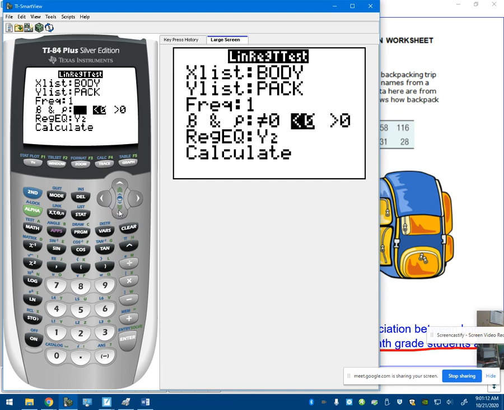I don't care what this next line says. But this RegEQ, we're going to put this in, and then you won't have to change it for a while. So hit clear. So the only thing you have to remember right now is stat, over to test, up to LinReg t-test.